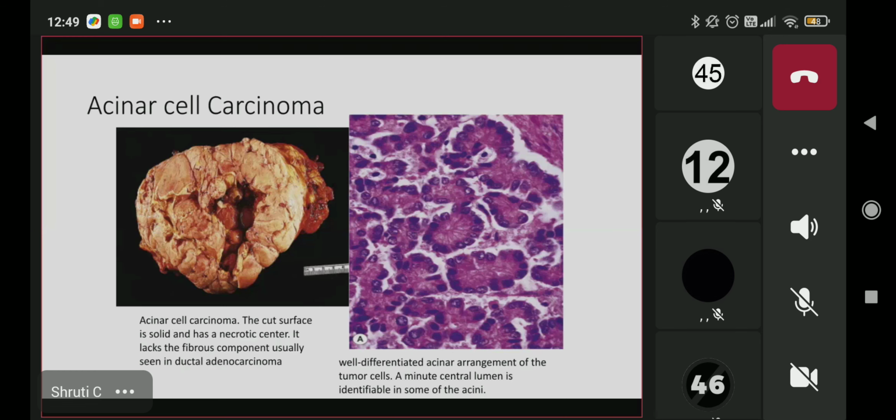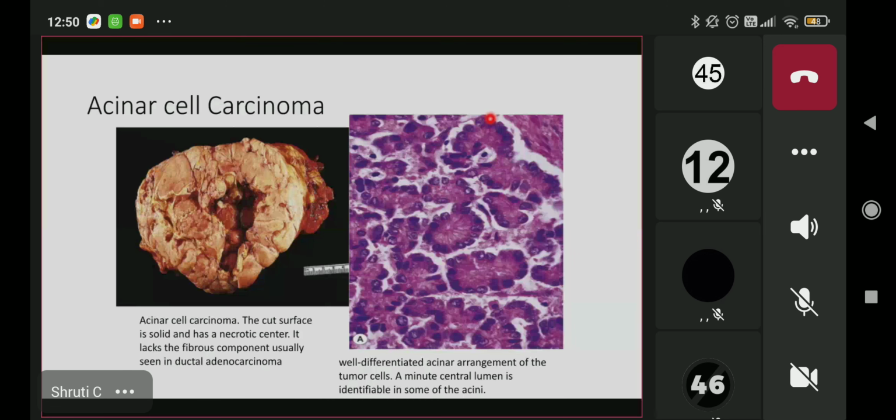So this was ductal adenocarcinoma. Apart from that, there's acinar cell carcinoma also. This is the gross picture, and it has a necrotic center. In ductal adenocarcinomas there's a lot of fibrous component. Like I told you, there's a desmoplastic reaction also in the non-neoplastic tissue. But in acinar cell carcinoma of the pancreas, there is usually no fibrous component.